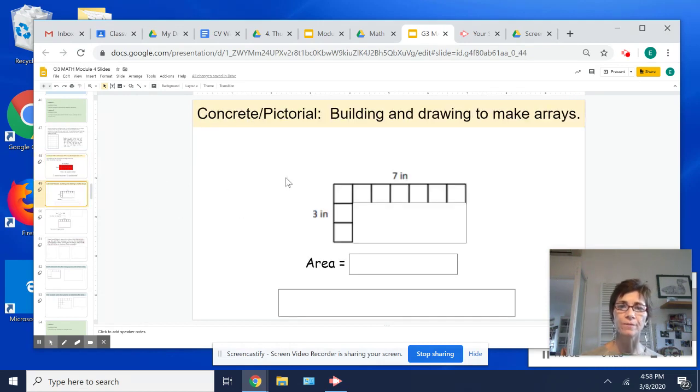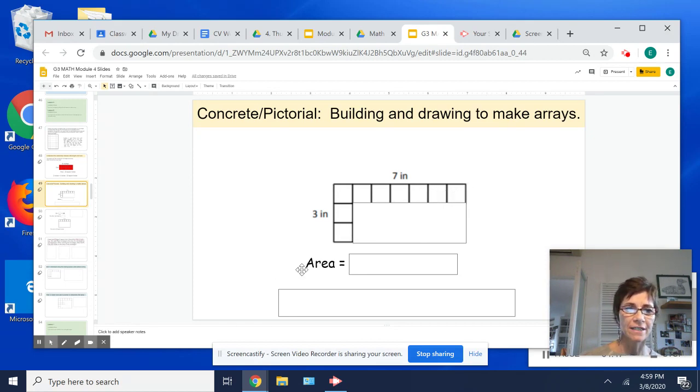Let's go ahead and look at this one. It's similar to the other problem, except that in this case, we have the two sides and we have to figure out the area, but our rectangle is not completely tiled. So what are we going to do? We have one side that is 3 inches. The other side is 7 inches.